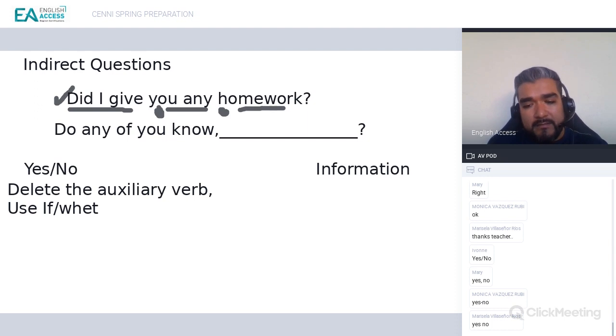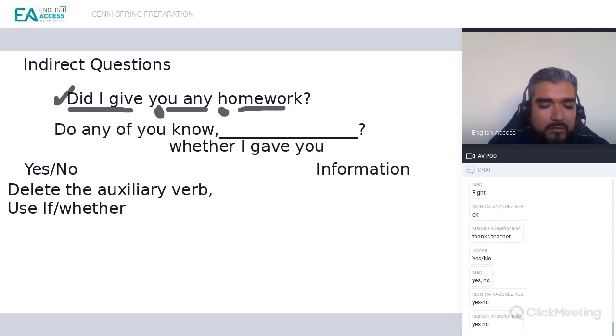So you need to delete the auxiliary verb, right? And instead of that, you're going to use if or whether. For example, in this case, did I give you any homework? You may ask, do any of you know whether I gave you any homework?